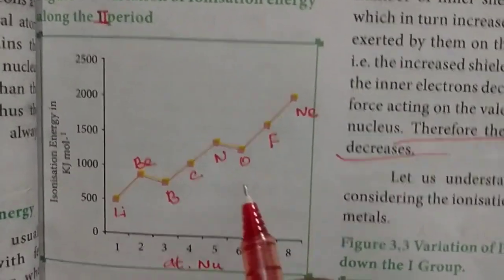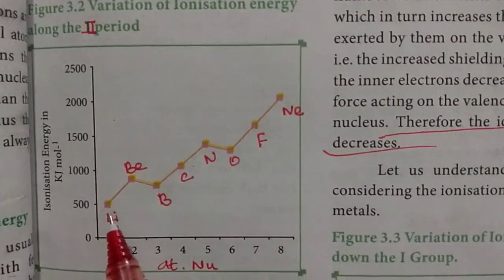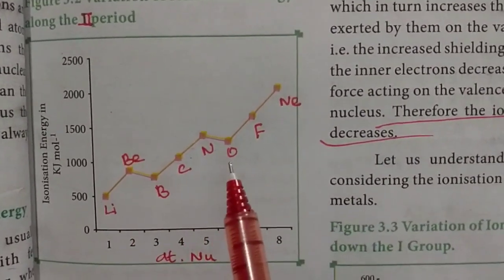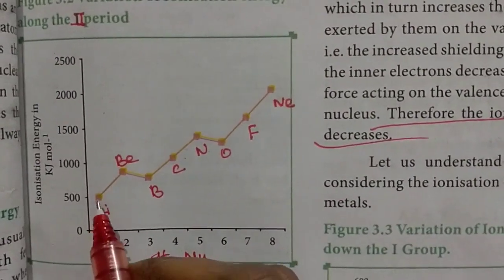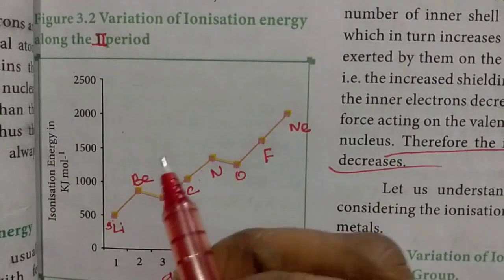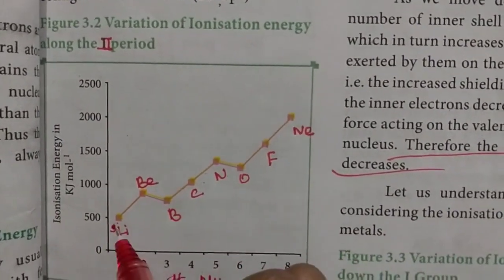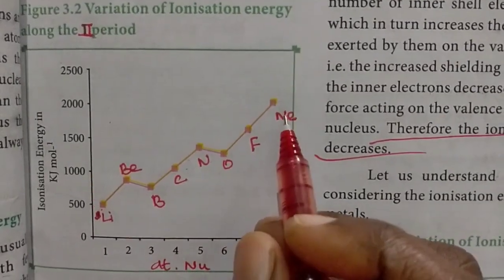It is denoted here with the elements present in period 2: lithium, beryllium, boron, carbon, nitrogen, oxygen, fluorine and neon. What is the atomic number of lithium? It's 3. It is increasing: 3, 4, 5, 6, 7, 8, 9 and 10.